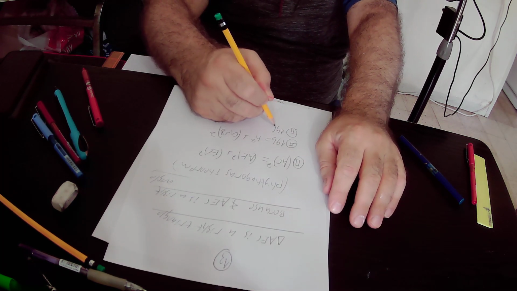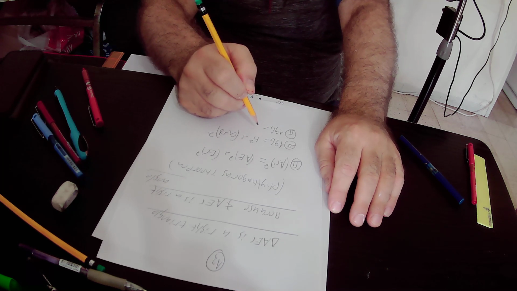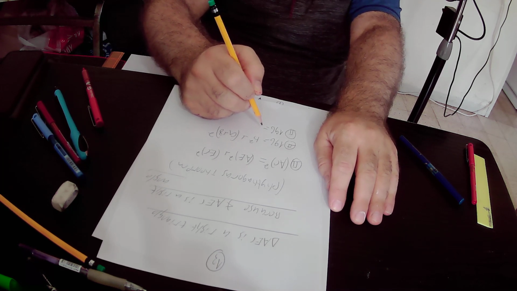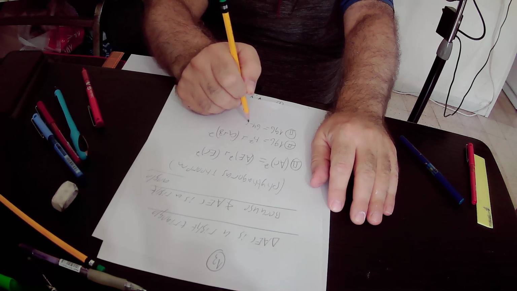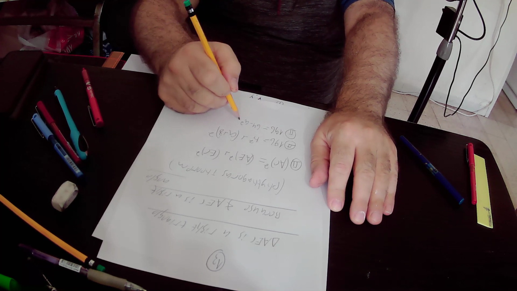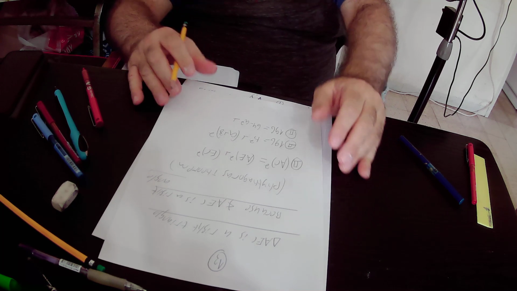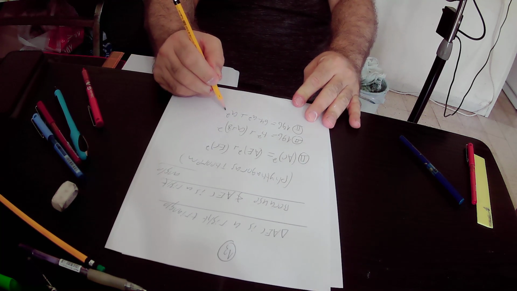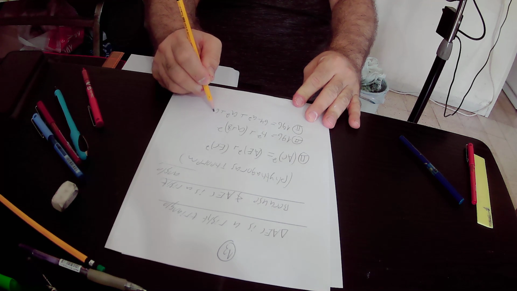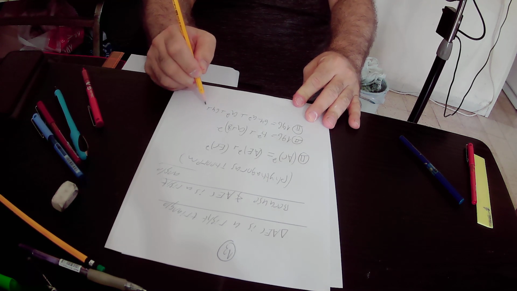196 equals h squared, and we'll substitute h squared by 64 minus a squared, plus 8 squared equals a squared plus 64 plus 16a.